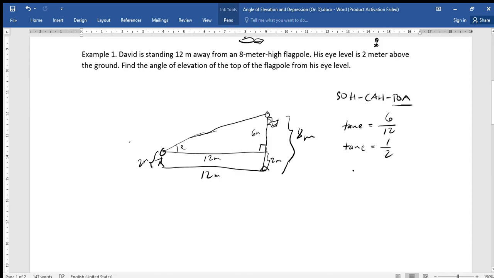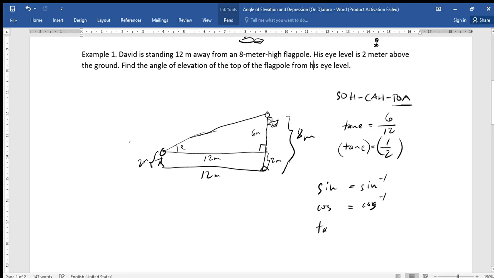Okay? Para matanggal natin si tan, kasi si E lang naman kailangan natin hanapin. Multiply natin both side by the reciprocal of tan E. By the way, to find the reciprocal, ang reciprocal na sign is sine raised to negative 1. Yung cosine naman, ang reciprocal niya naman is cosine raised to negative 1.